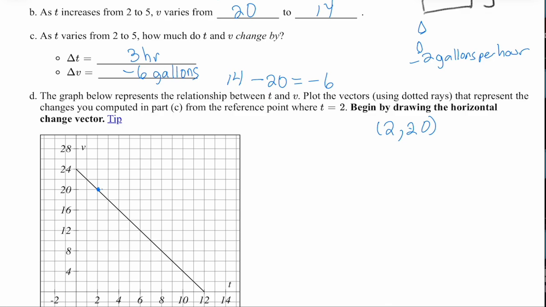So our delta T, I went a little too far here, let me erase that. Our change in time was 3 units. So 1, 2, 3. And then we'd start here over again, and we would go down 6.